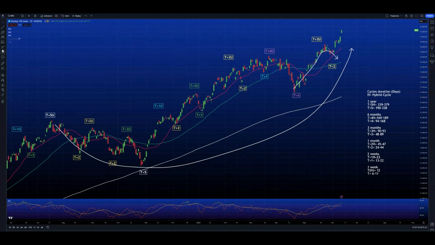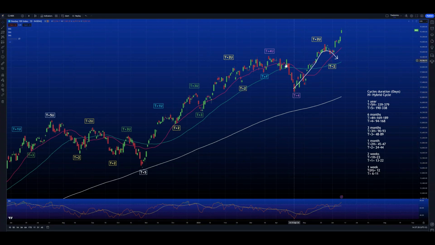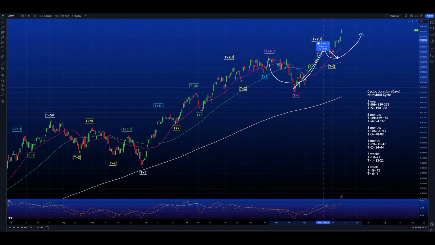Now the T plus 4 has been segmented in the Matryoshka framing in the first T plus 2, and now we have a new T plus 2. Therefore, we expect this rally to continue over the short term up to 24 days.